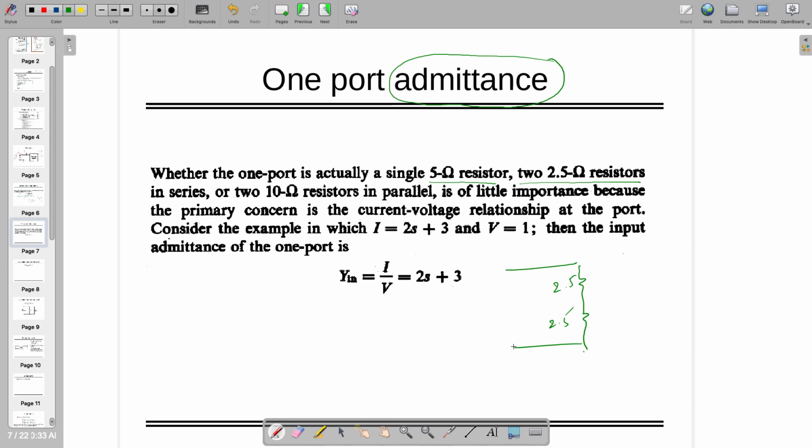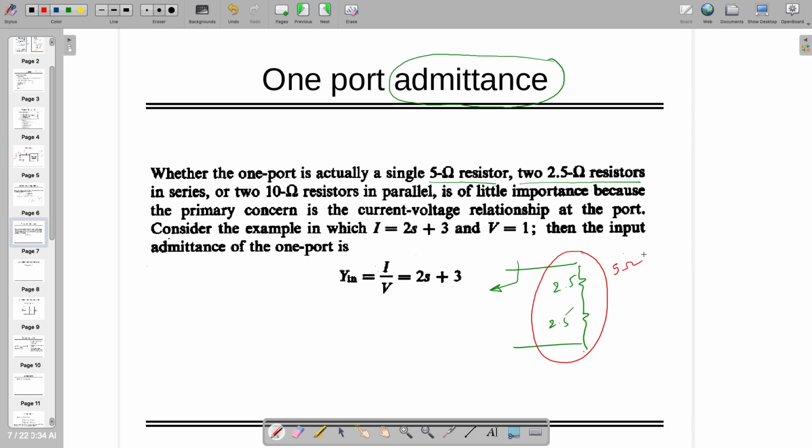If two 10 ohm resistors are in parallel, it's 5 ohm. So all the driving point impedances are the same for me, and that is what my previous circuit will look into this system, and that is going to cause the problem, or it will help my circuit to drive.